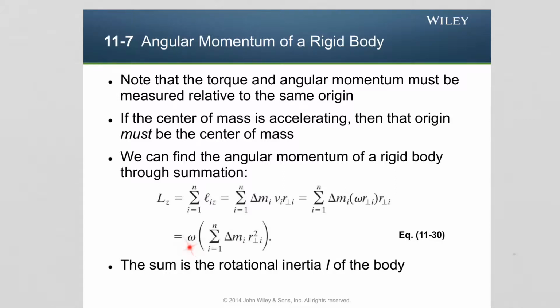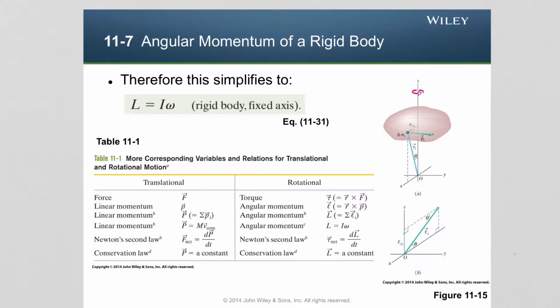So the angular velocity, which is constant for all particles, no matter where they are with respect to the axis of rotation inside the rigid body, times this term here, which corresponds to the moment of inertia for each individual particle of the rigid body. And so then this product becomes simply the product of the moment of inertia of the entire rigid body times the angular velocity of rotation about that fixed axis in space. And so finally, the angular momentum of a rigid body is equal to the product of the moment of inertia of that rigid body about that fixed point in space times the angular velocity.